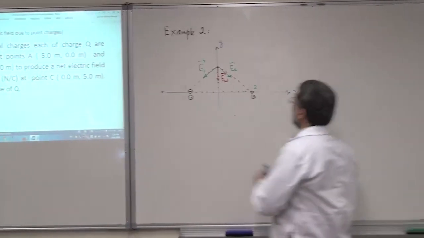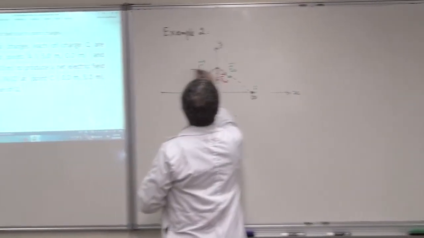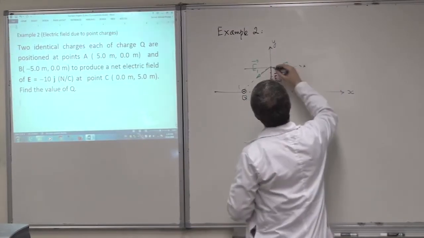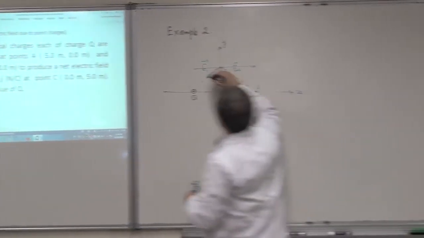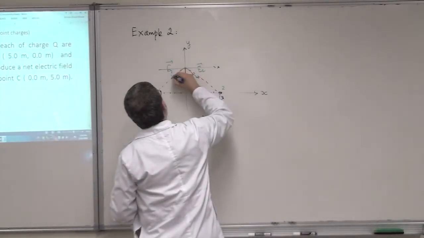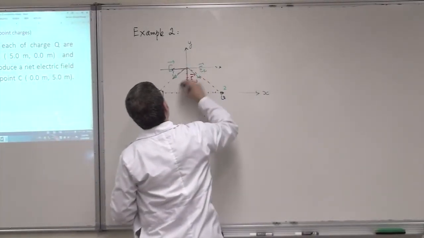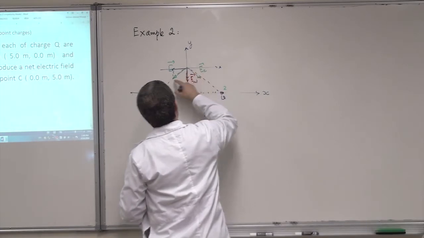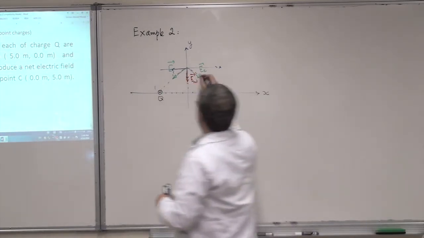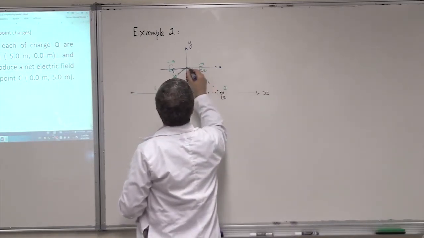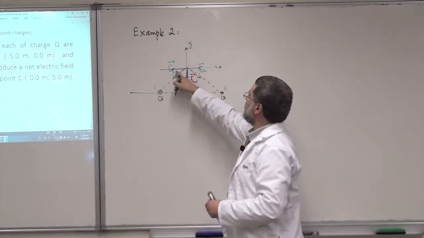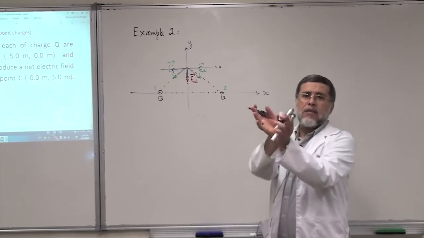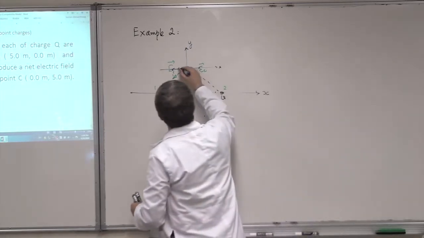You take your axes and decompose these two electric fields. E1 will have a component along the x-axis and a component along the y-axis. E2 will also have a component along the x-axis and another along the y-axis. These two components along the x-axis are opposite in direction, so they cancel each other.